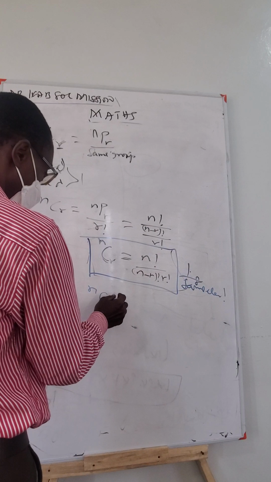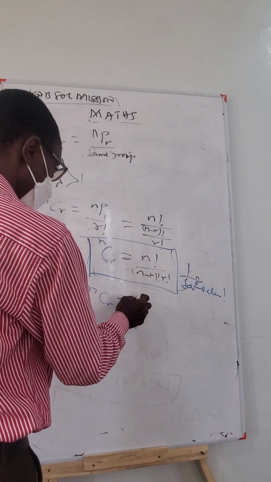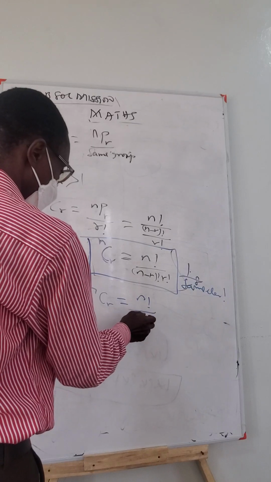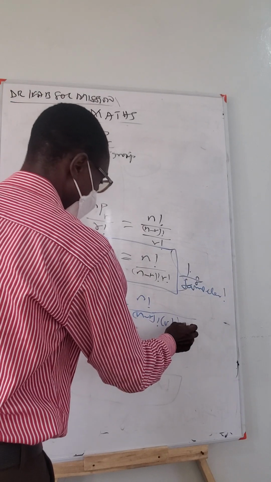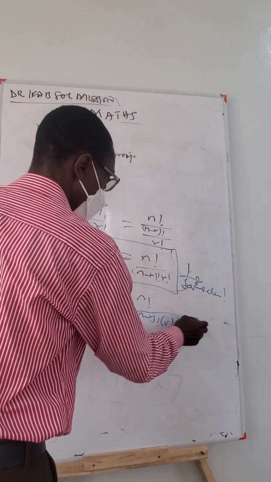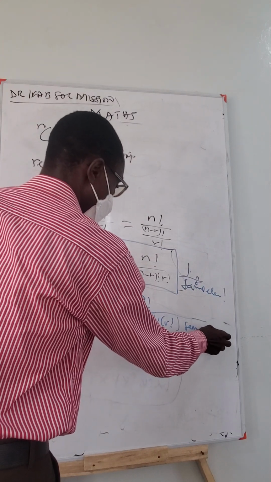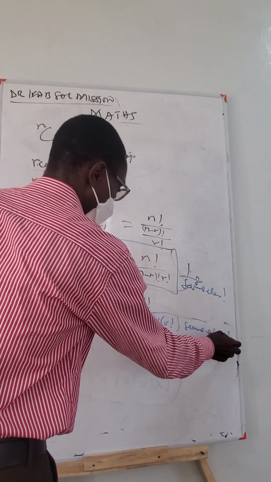So n choose R will become n factorial over n minus R factorial, then R factorial, and then we divide by same element factorial.